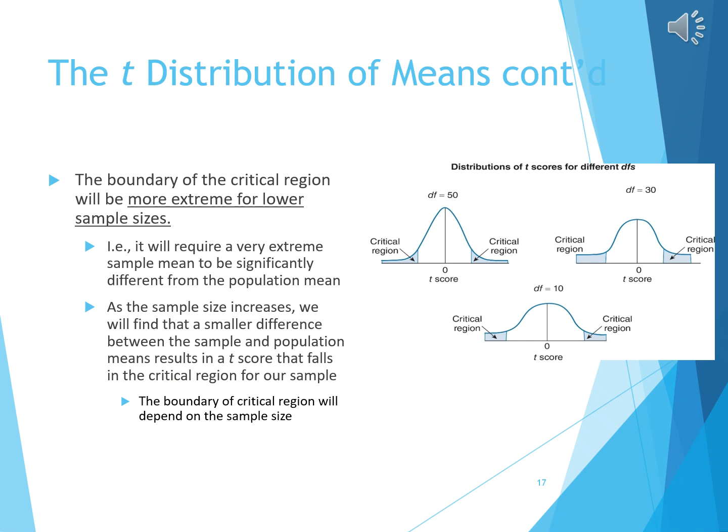You'd have to get a larger mean for it to still show up in that critical region where we can reject the null. So it's actually much better to get, again, higher degrees of freedom, higher sample size, so that it becomes a bit easier to reject the null hypothesis if you're looking for significant differences between two different means.